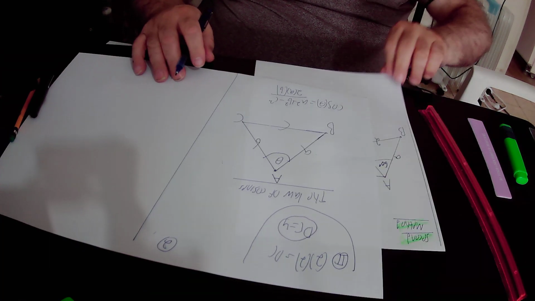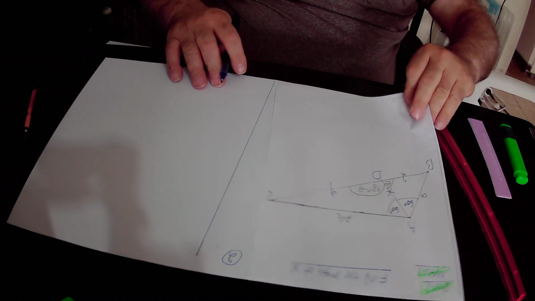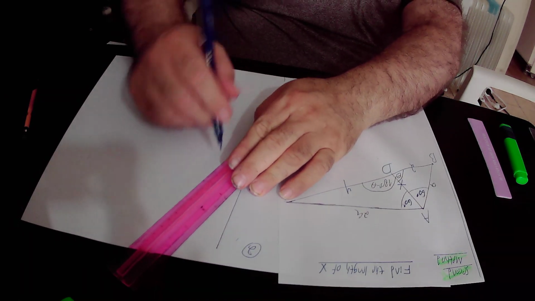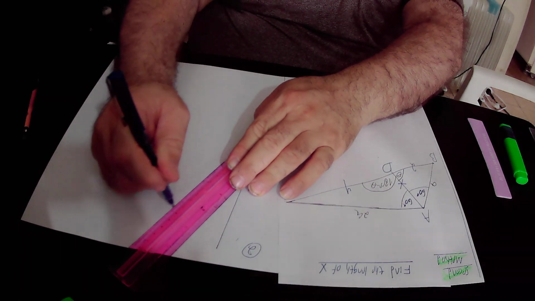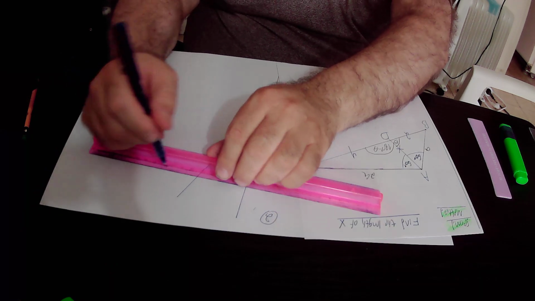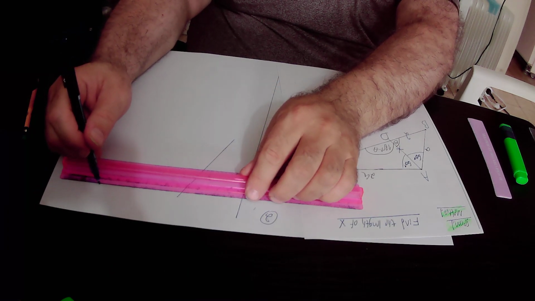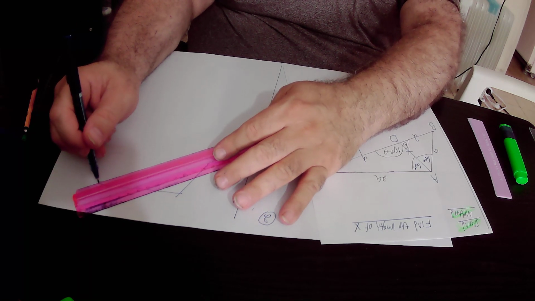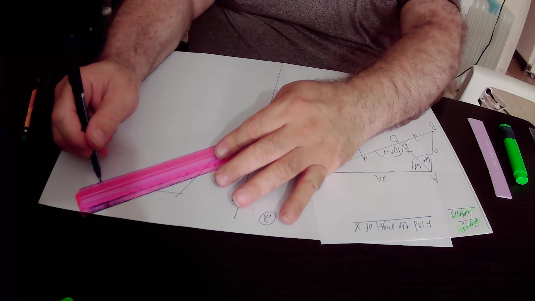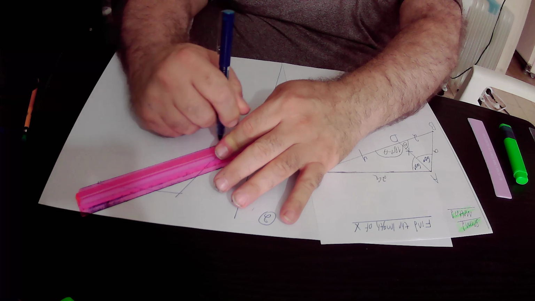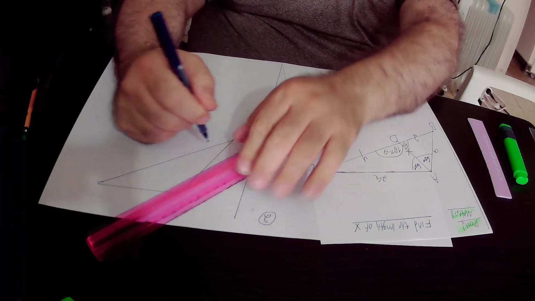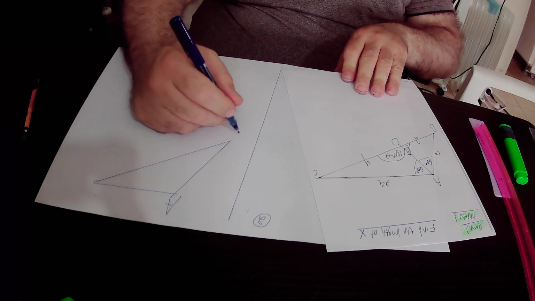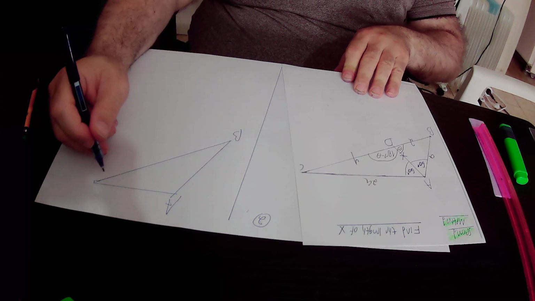I'll copy this triangle here, and we'll implement the law of cosines in it. That's the copy from the original drawing.